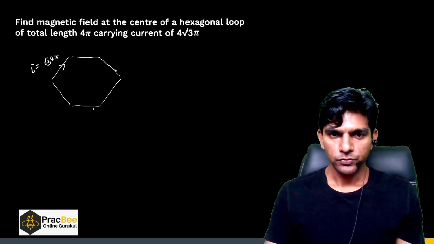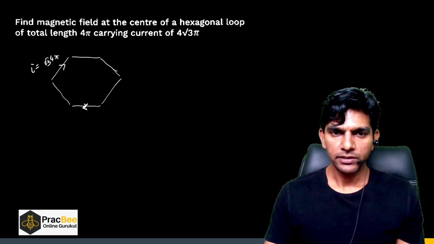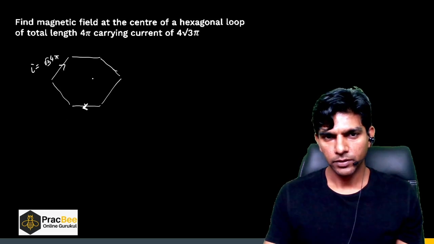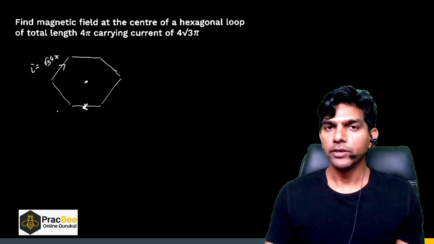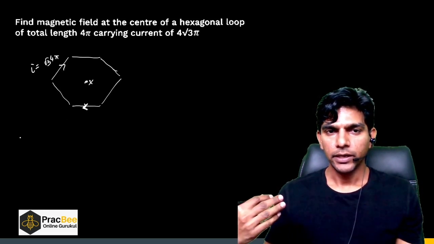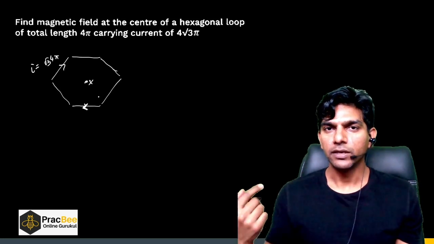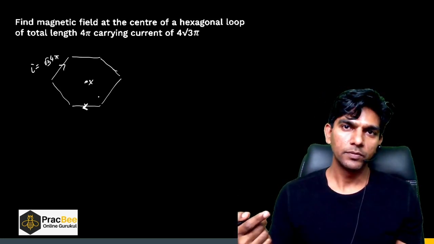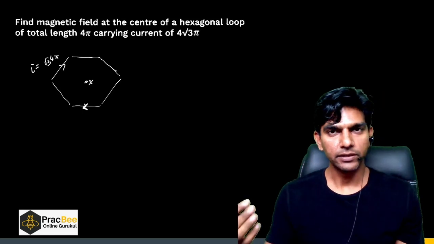So first of all, if I consider any section of this hexagon, the magnetic field at the center will be into the plane, and likewise for all the sections. So if I find the magnetic field by one section and multiply that by 6, we'll get the answer.